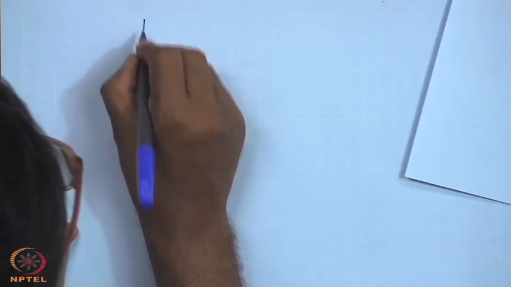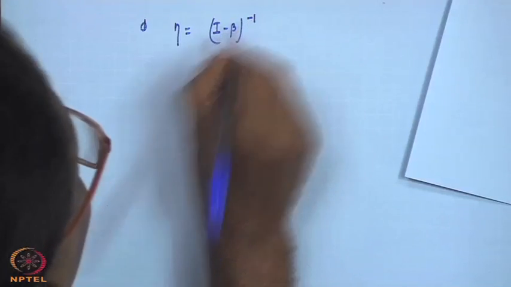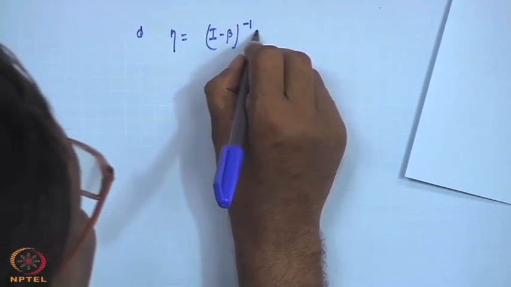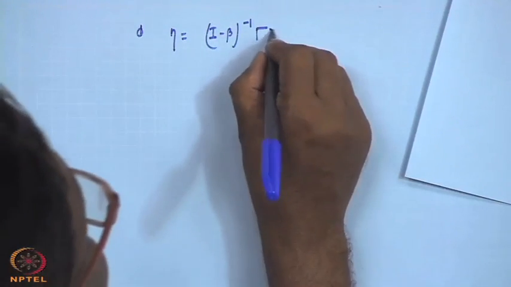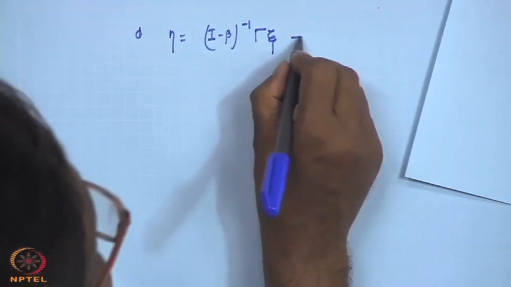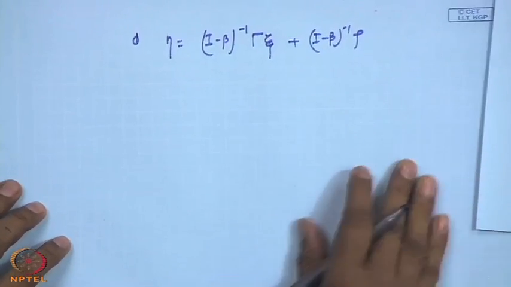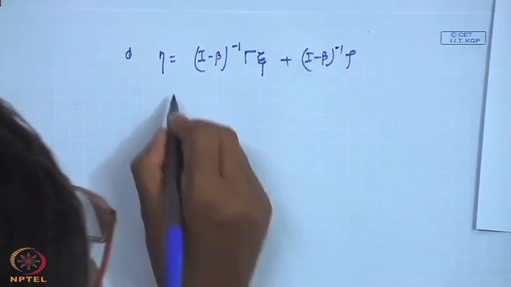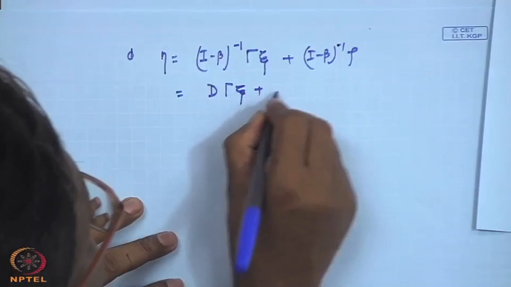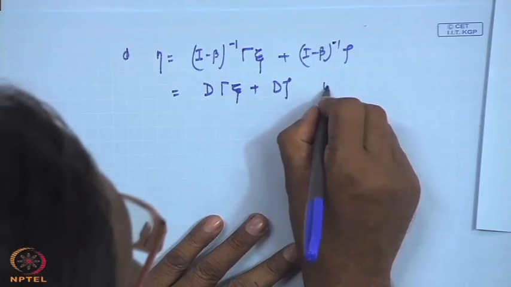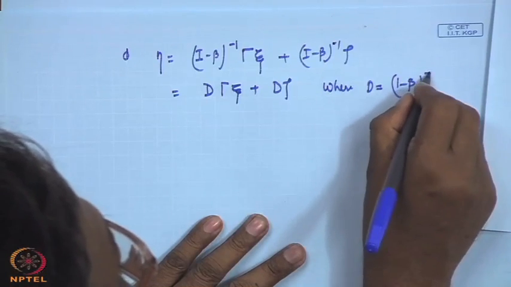We have eta equal to (I minus beta) inverse gamma xi plus (I minus beta) inverse zeta. That is our structural equation. So, in order to simplify it, I am writing this as D gamma xi plus D zeta, where D equal to (I minus beta) inverse.